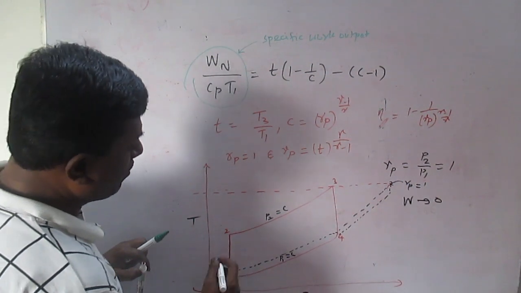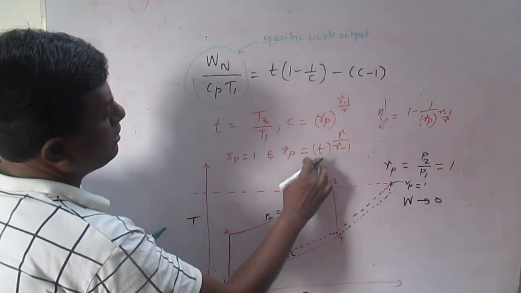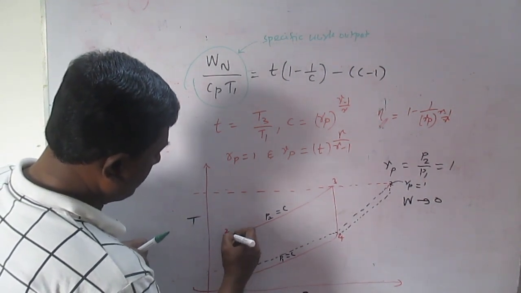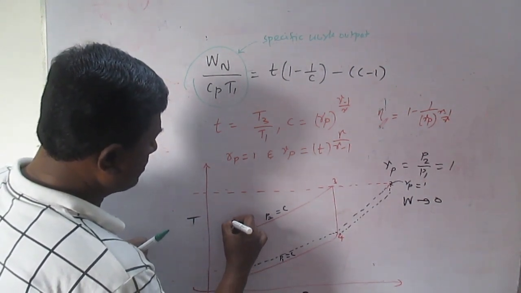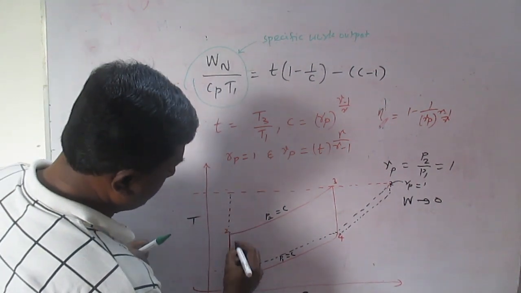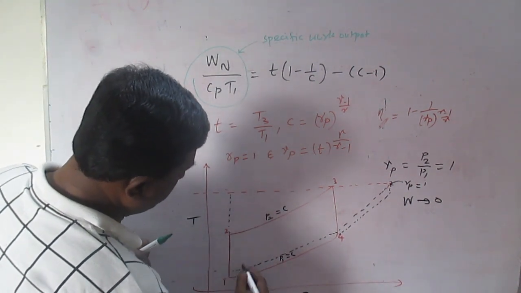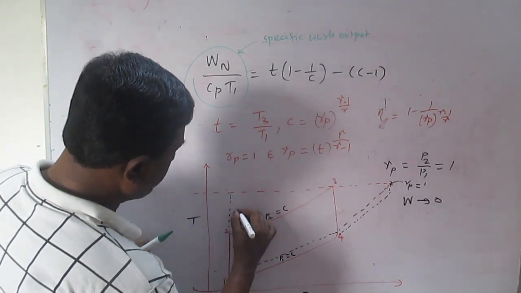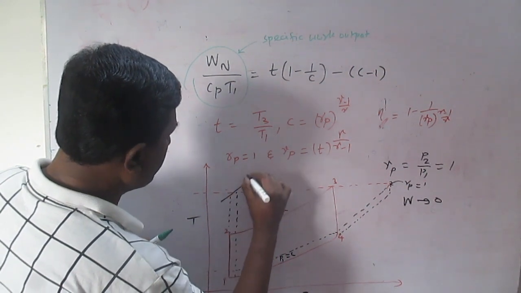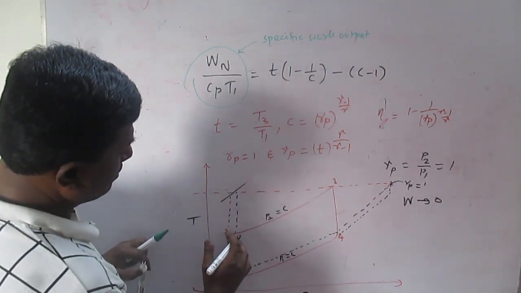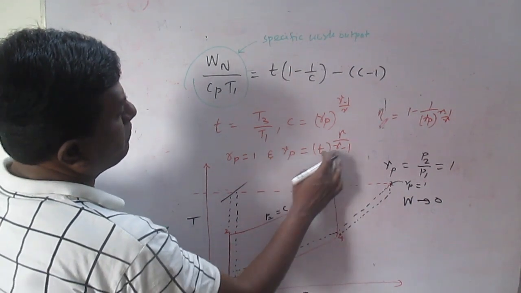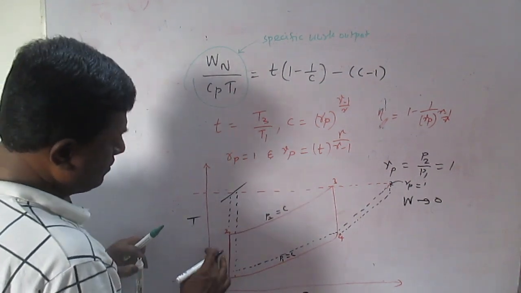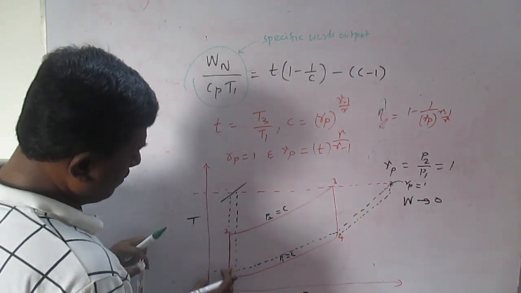In another case, when RP equals T to the power gamma by gamma minus 1, the curve is extending in this direction, and our curve becomes like this.